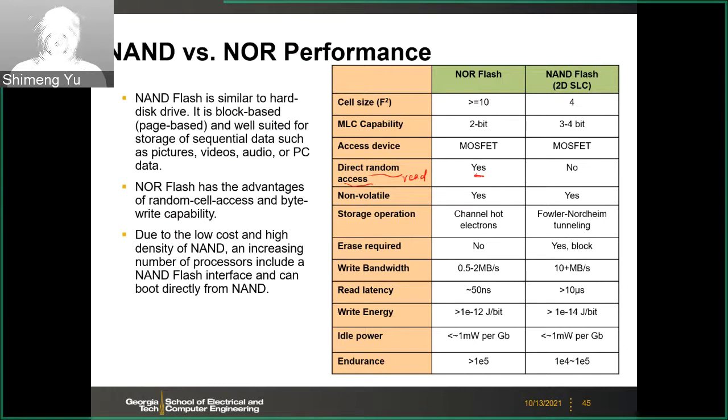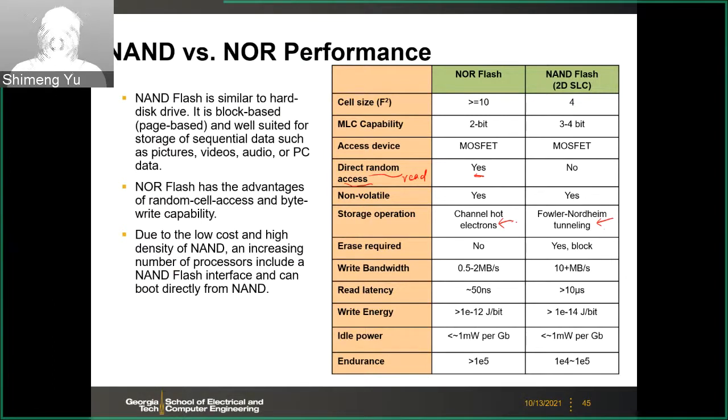You have to enable the selected cell, and then you have to apply this V-pass signal to turn on all the unselected cells, because the signal needs to be read out in series across those transistors. And also for the NOR flash, the program is by channel hot electrons, and for NAND flash, by Fowler-Nordheim tunneling.